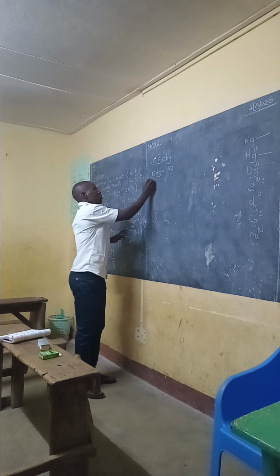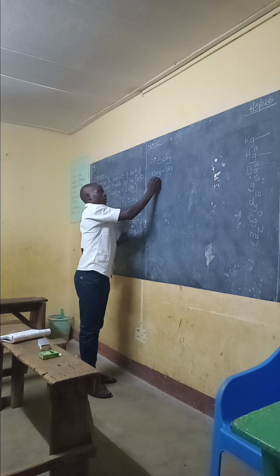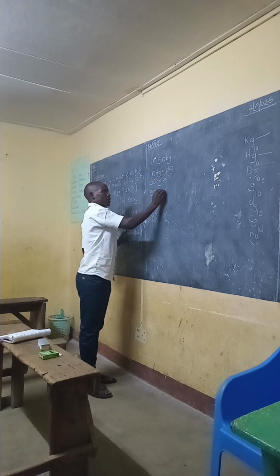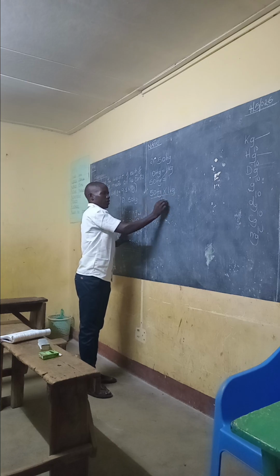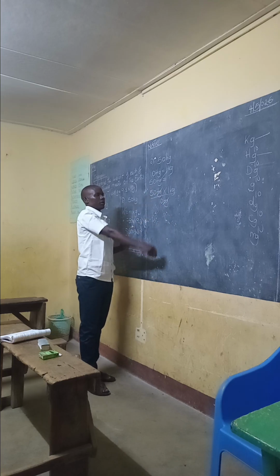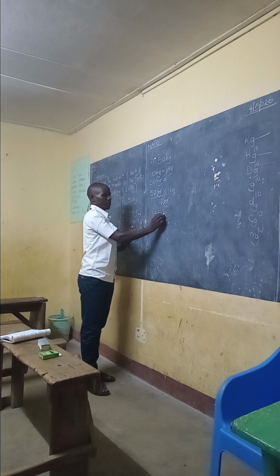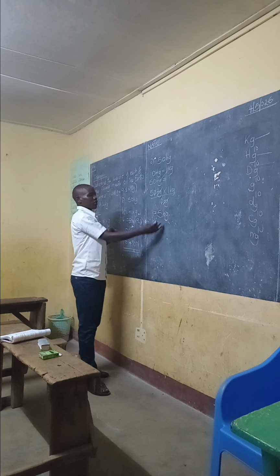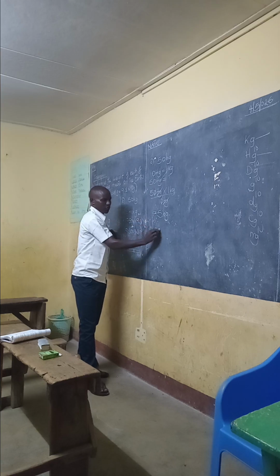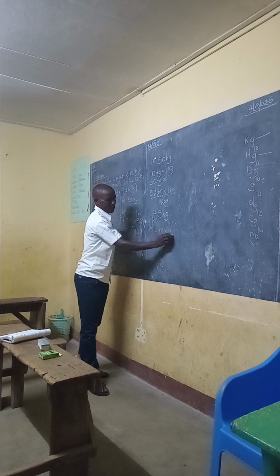Therefore, what about 50 hectogram? It will be 50 hectogram, you cross multiply by 1 kilogram, then you divide by 10 hectogram. The hectogram cancels, 0 cancels 0, so we remain with 5 kilogram. Then once we have changed hectogram to kilogram, we can now say weight is equal to mass times gravity.